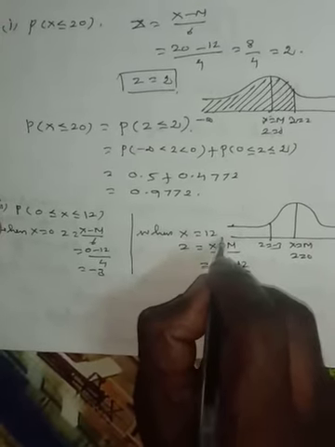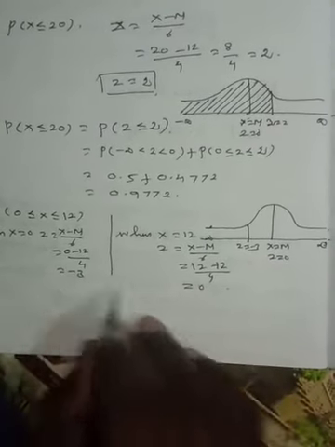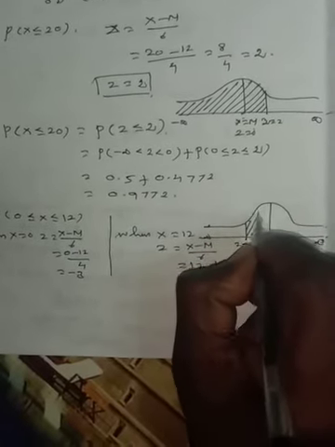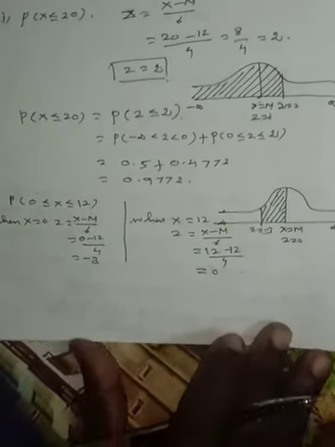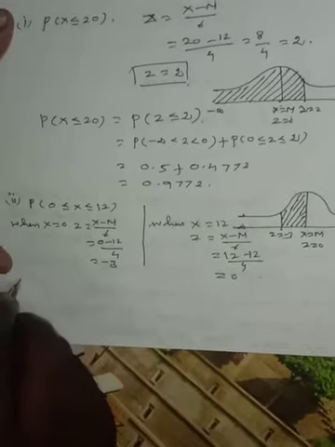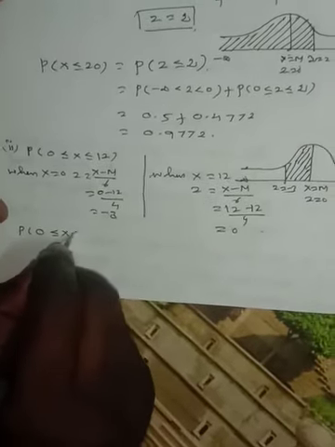Minus infinity and plus infinity are on either side, and the shaded portion between these two is the area.